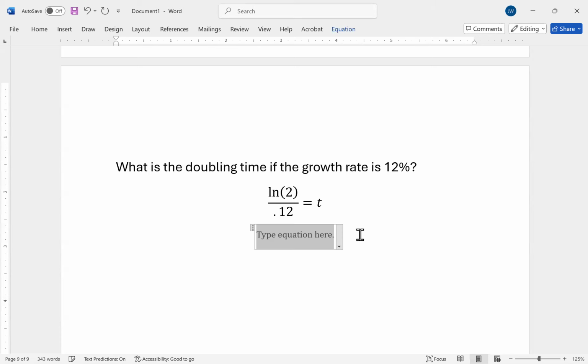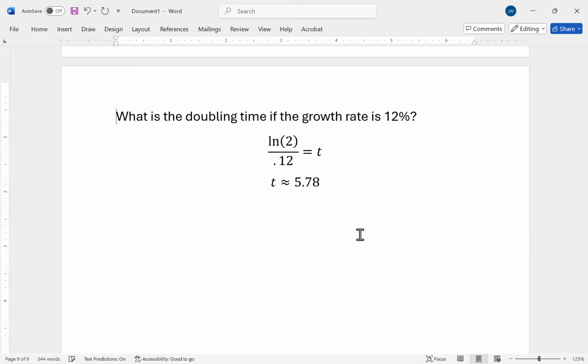And in this case, t would be about 5.78. Notice that the doubling time is always just the natural log of 2 divided by the percent in decimal form. Now, interestingly enough, there's something called the rule of 70 in finance.